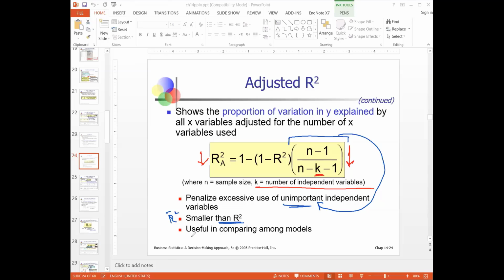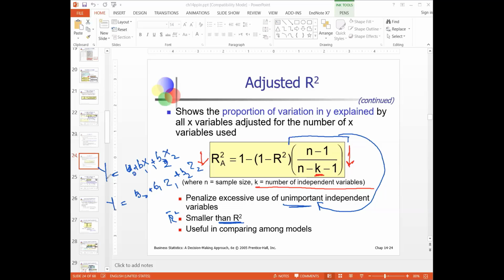The other advantage is, suppose one of you has estimated y is equal to b0 plus b1 x1 plus b2 x2, and the other one has estimated y equals b0 plus b1 z1 plus b2 z2. So both have selected different independent variables. Which model is better?